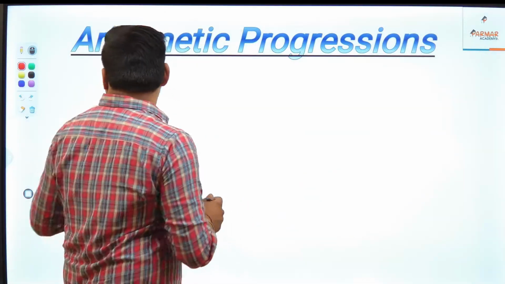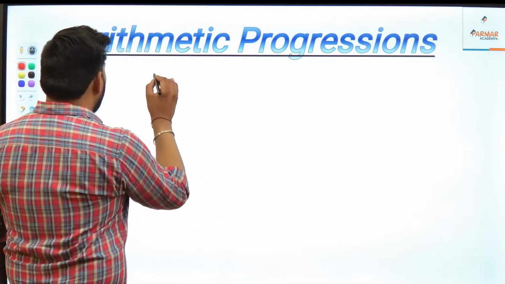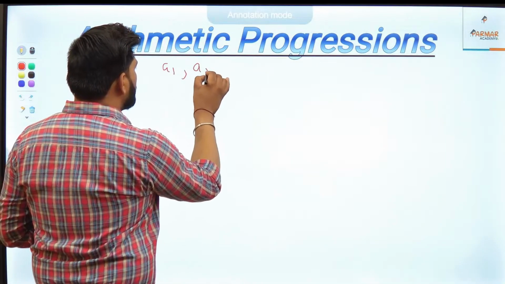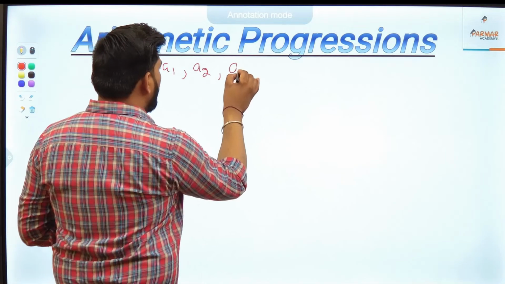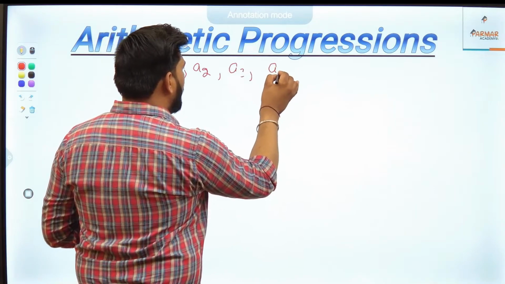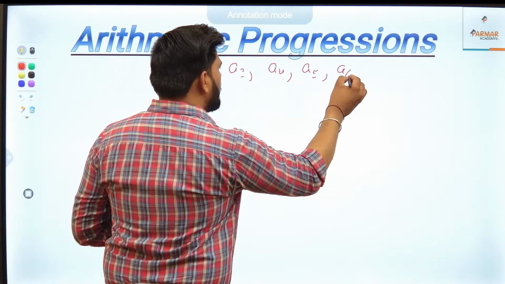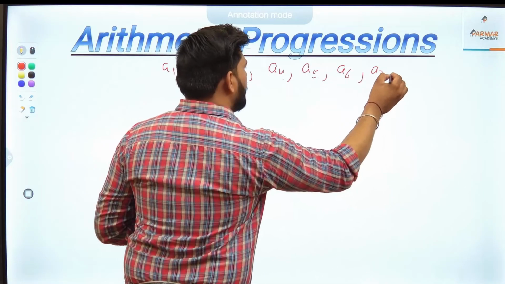फॉर एग्जाम्पल, if A1 is the first term of the sequence, A2 is the second term of AP, A3 is the third term, A4 is the fourth term, A5 is the fifth term, A6 is the sixth term, seventh and so on.